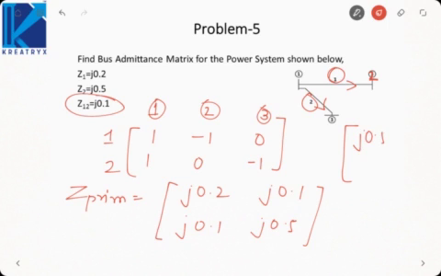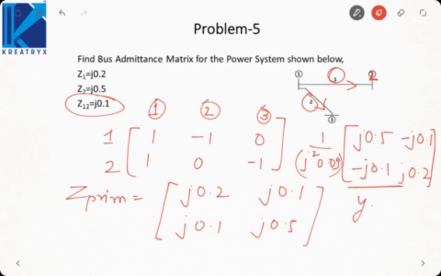That is j0.5, j0.2, minus j0.1 and minus j0.1, and dividing by the determinant, that is j0.2 into 0.5, which is 0.1, minus 0.01, that is 1 by j square into 0.09. You can replace j square by minus 1, but it is not necessary since I want to cancel the j's. This is your Y primitive.